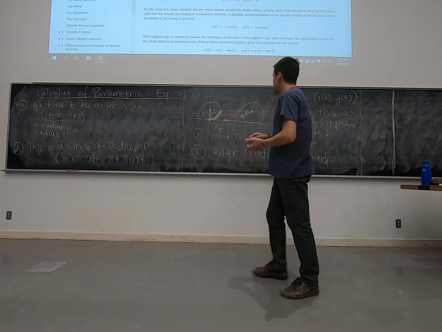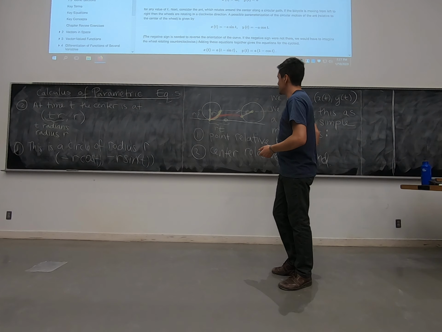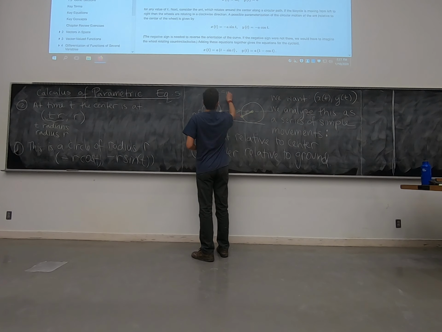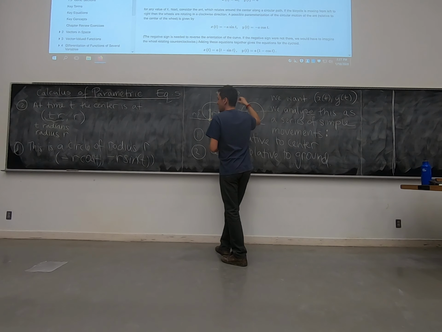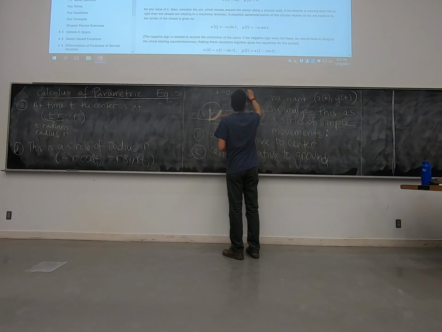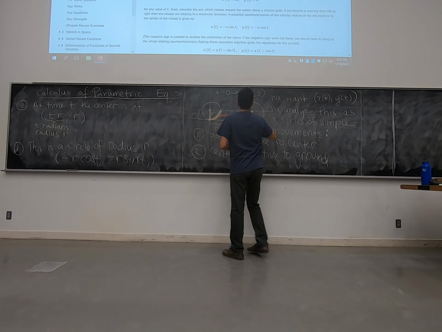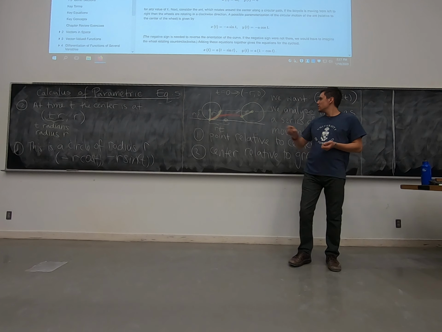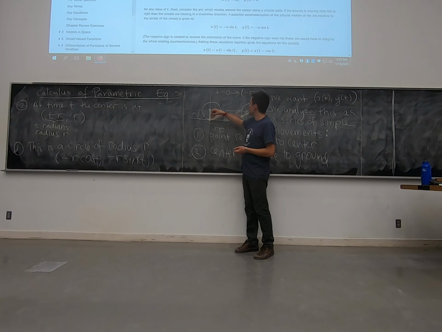Okay, so if we put in t equals 0, we get negative r, 0. Does that match the picture that this vector is pointing downwards?